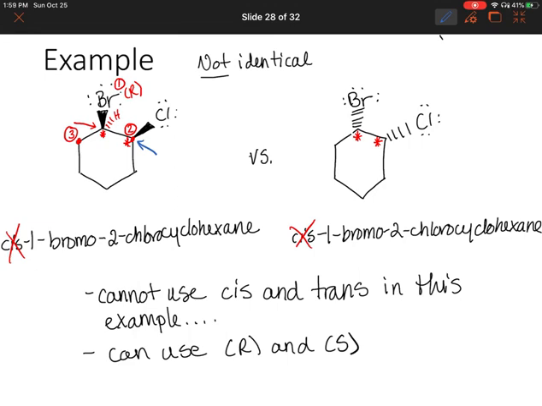So that carbon that I'm pointing to with the blue arrow is bonded to chlorine, and then a carbon on the left, a carbon on the right, and a hydrogen in the back. So what has highest priority?